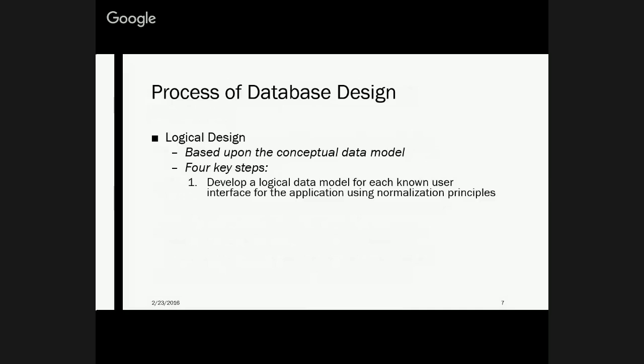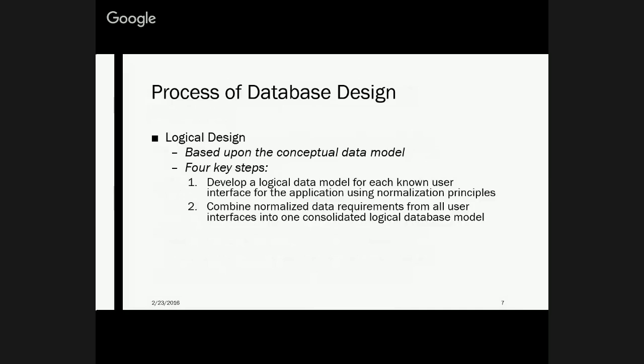Well, that would map to an employee table and a certain table to go with it. Combine normalized data requirements from all user interfaces into one consolidated logical database model. So they're starting by looking at each interface and saying, we have these requirements for data. We have all these pieces. How do we fit those together? What parts overlap? What parts are different? How does that tie together?